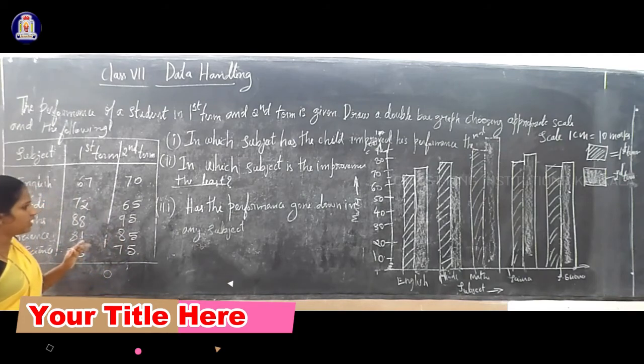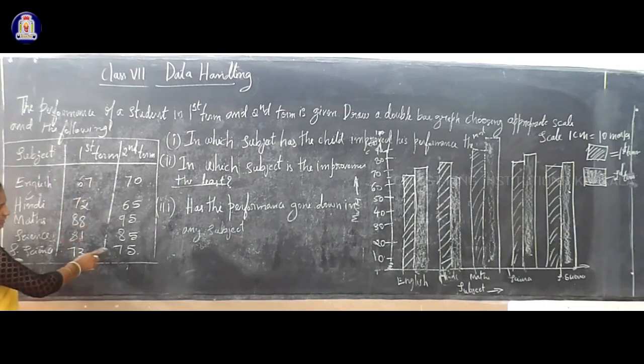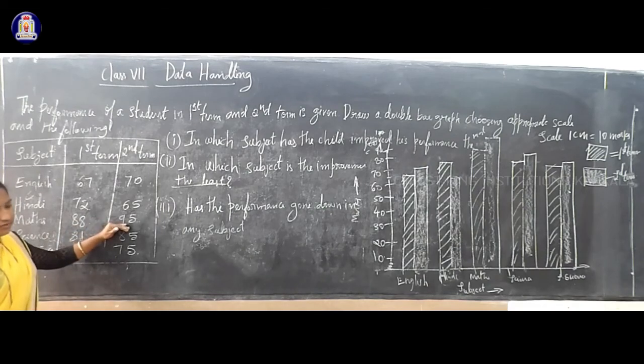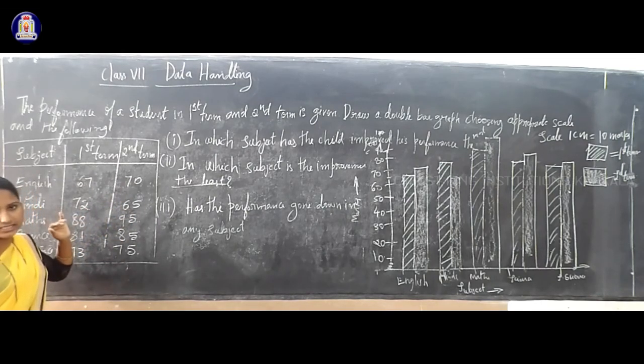Okay. So now, see, first you have to say in English, the performance is scored 67 to 70. Next you have to say minimum and maximum marks. Minimum marks is 65 and maximum mark is 95. Out of all the subjects, you have to see which is the least number, smallest number.